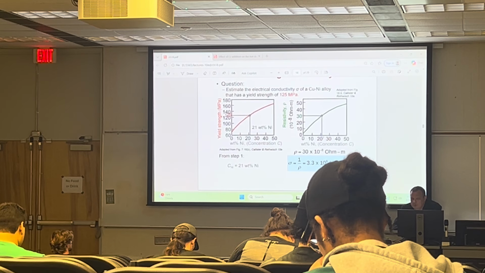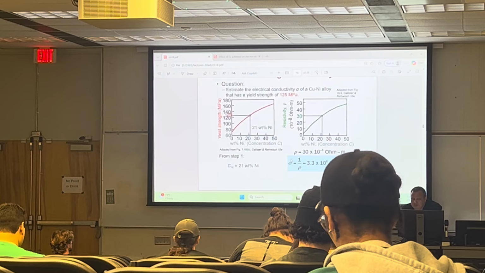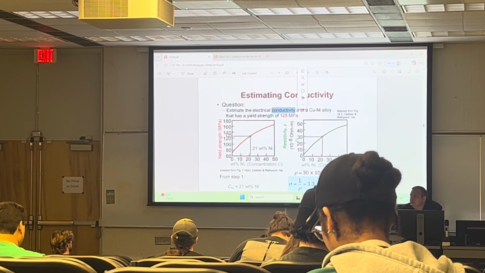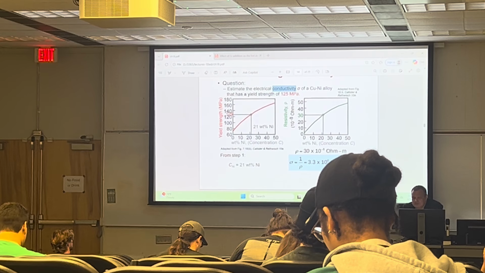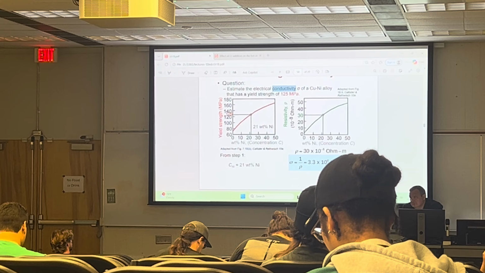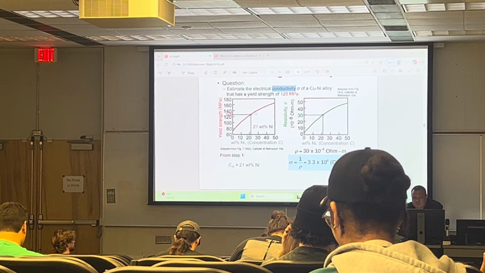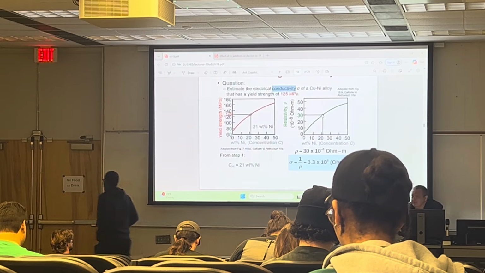So we go here at 21% and we see that it is 30 times 10 to the negative 8 ohm meters. And the conductivity, you're being asked what is the conductivity? It's the inverse of the resistivity, so we get 3.3 times 10 to the 6 1 over ohm meters. Okay, and now you see how the strength is all of a sudden related to electrical conductivity.